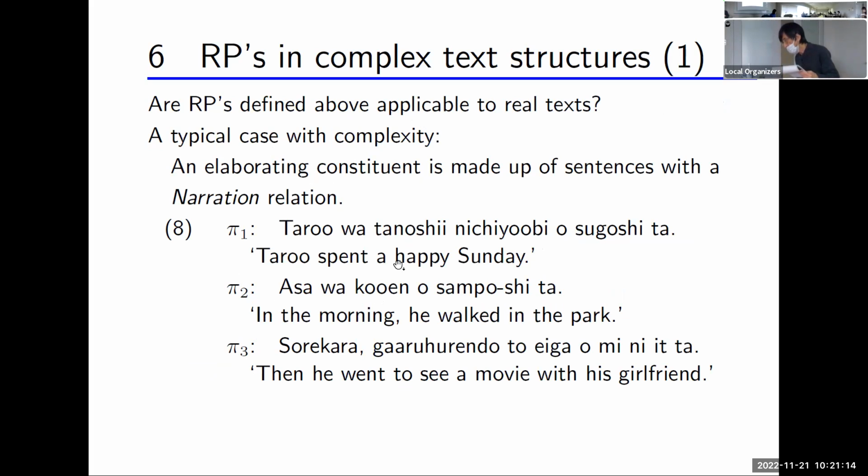And the point is, this sentence describes a happy Sunday, and this is elaborated by two sentences, but only partly. Pi 2 elaborates only the morning part of the Sunday, and pi 3 only the latter part. And this kind of complicated structure is quite common in real text.